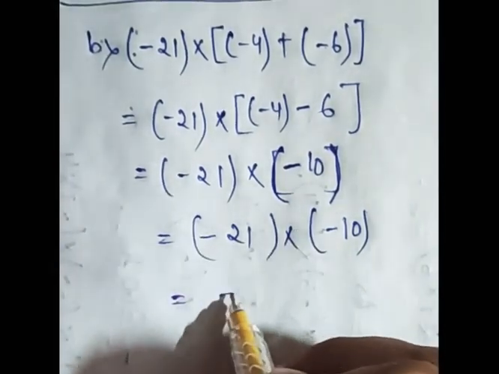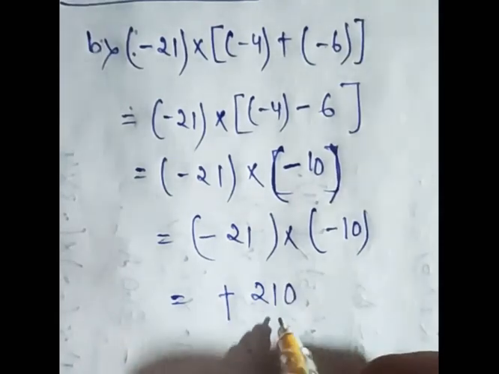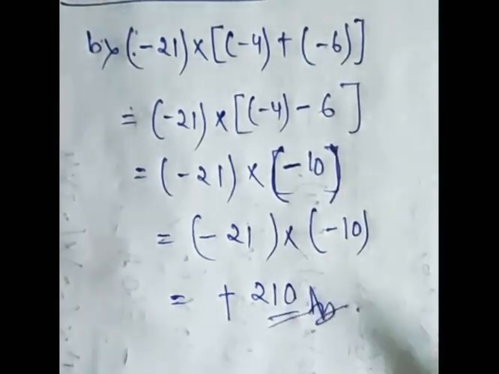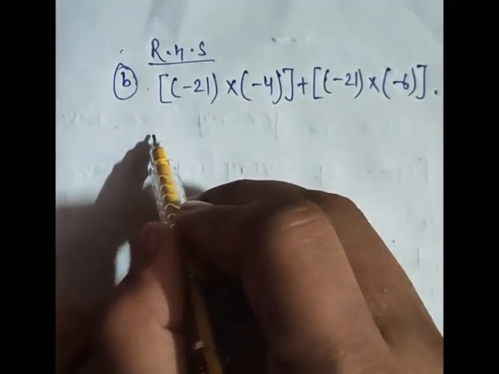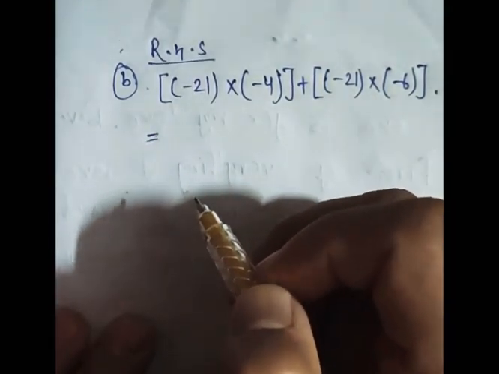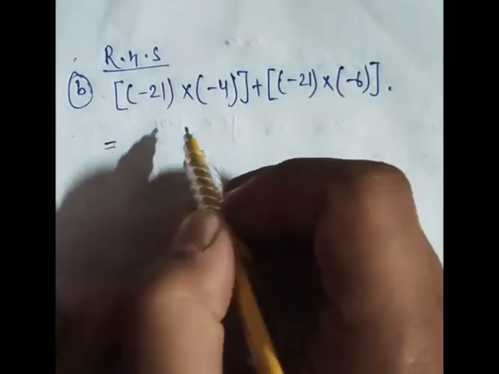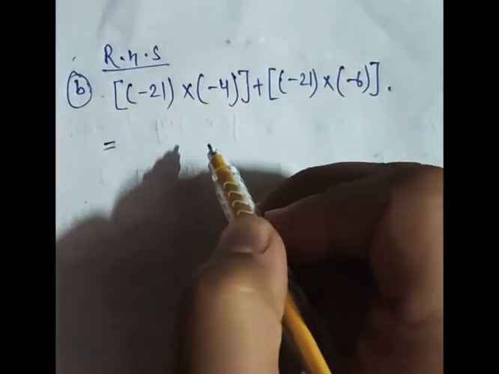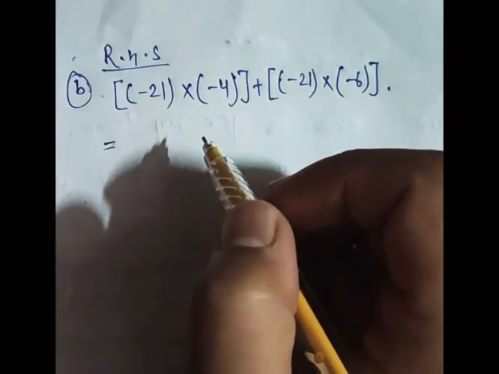Minus minus is plus here, so 21 into 10 is 210. That's all. So here we have the RHS. Now we have to get 210, right? If the RHS and LHS match, then the question will be verified.